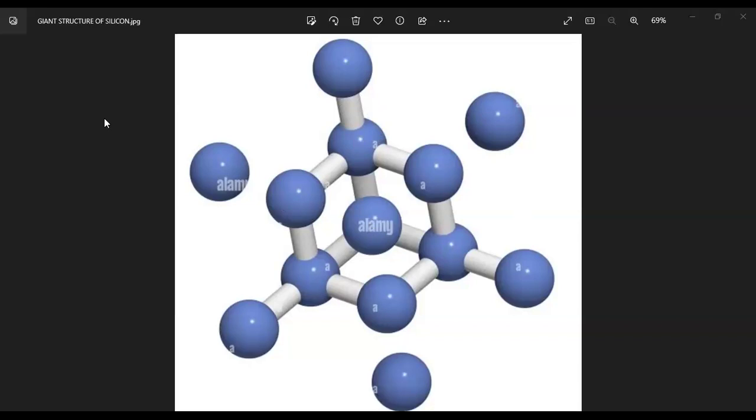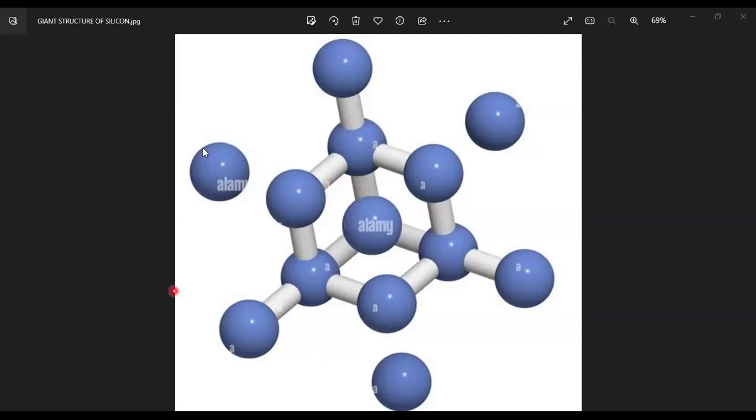Let me show you. If you try to figure out the tetrahedral, this bond and this one, then connected to this, connected to this. One atom here is connected to 4 others in tetrahedral arrangement.